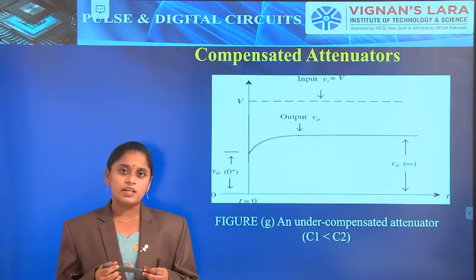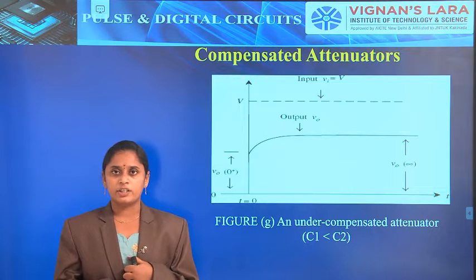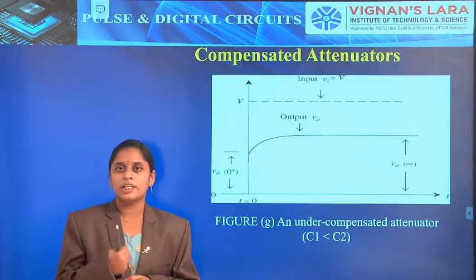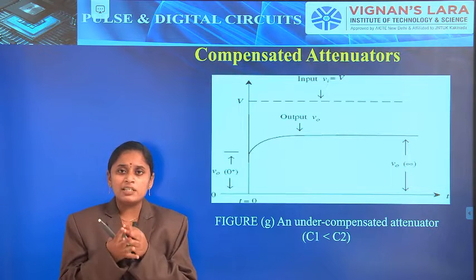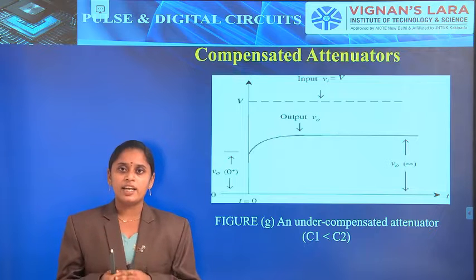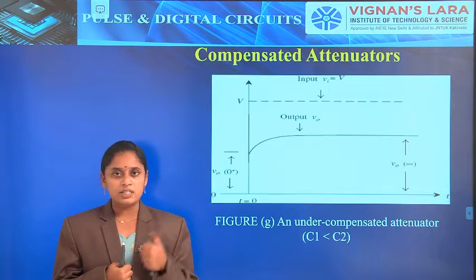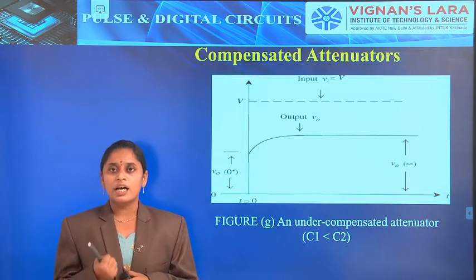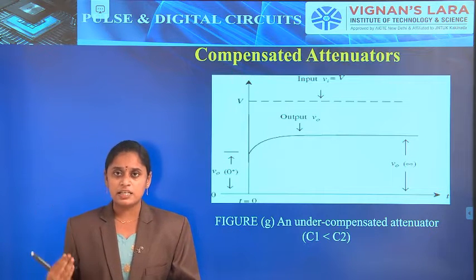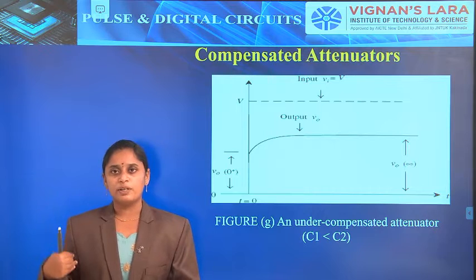Another one is the uncompensated attenuator. The simple difference between them is that a compensated attenuator attenuates equally at each frequency, but an uncompensated attenuator does not produce the correct output; when the frequency changes, it attenuates at different levels.